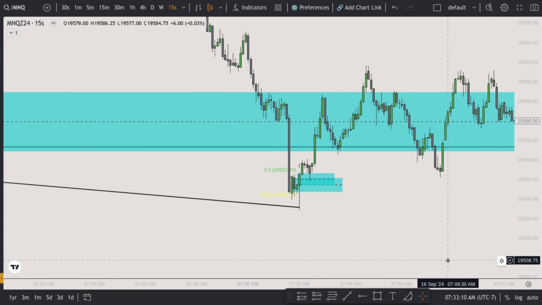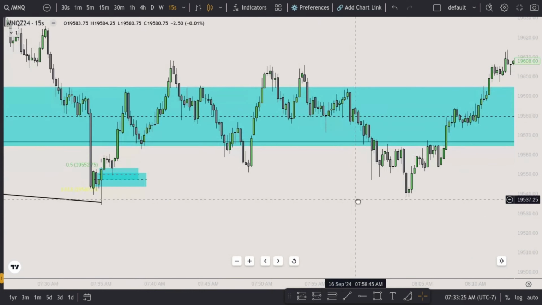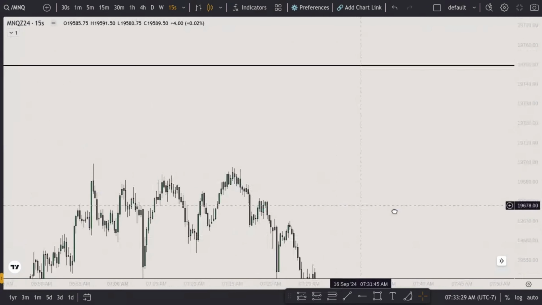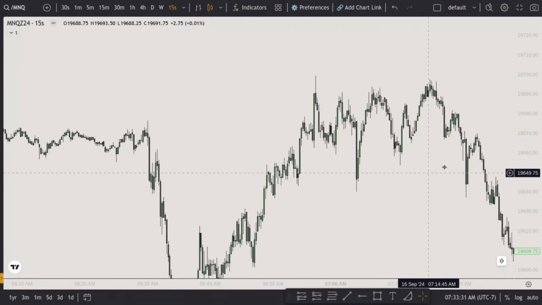Don't just look at the 1 minute and stay on the 1 minute. If the 4-hour candle range is choppy, why are you waiting on the 1 minute to look for entries? All you're going to do is trade during the accumulation phase. Like in this case right here, just accumulation, and you're going to get chopped out.